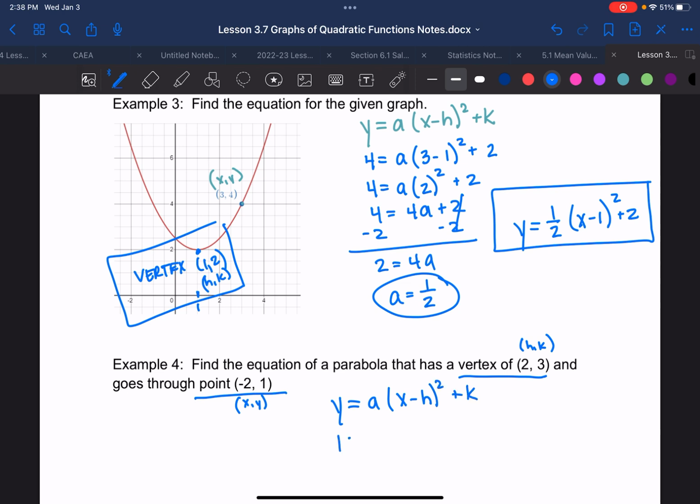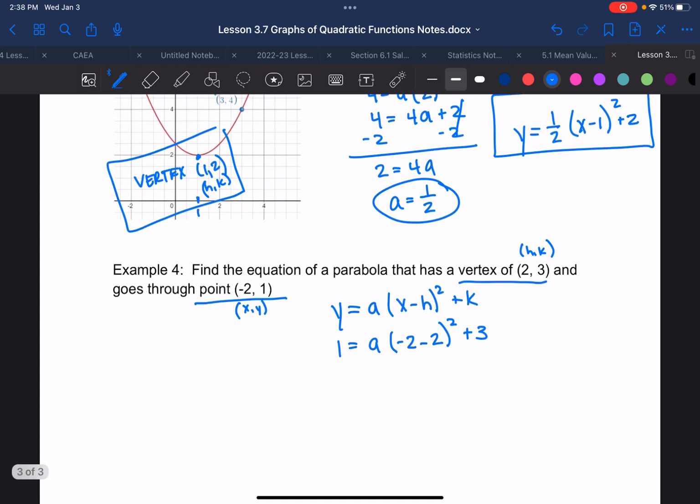When y is 1 and x is -2, h is 2 and k is 3. So I have 1 equals A times -4 squared plus 3. I'll make that 16a, and I'll solve.